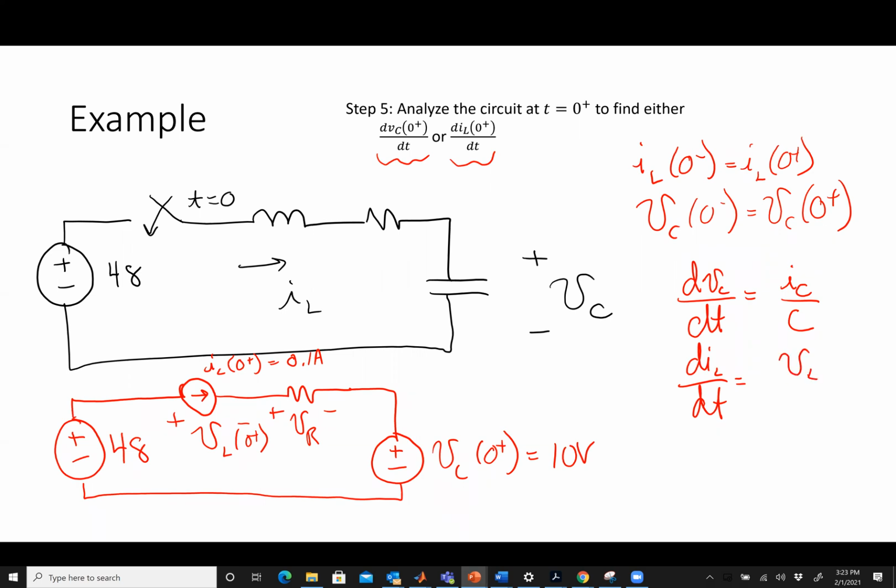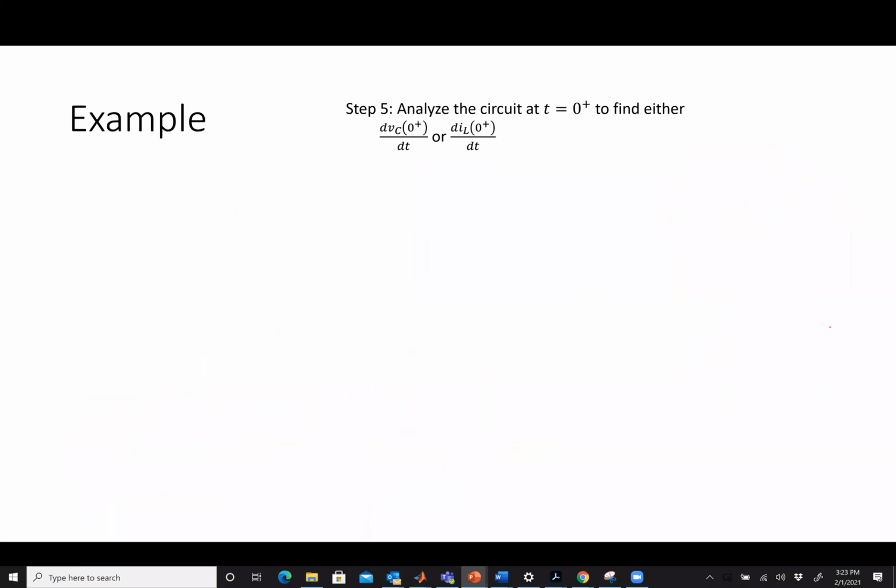VL over L, okay? So this says that what I want to do in this case is I want to look at that circuit and I want to solve for IC and I want to solve for VL and then use that to find the derivatives, okay? So let's redraw the circuit over here.